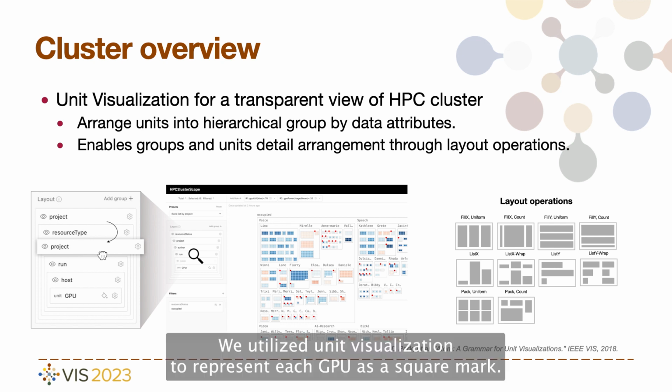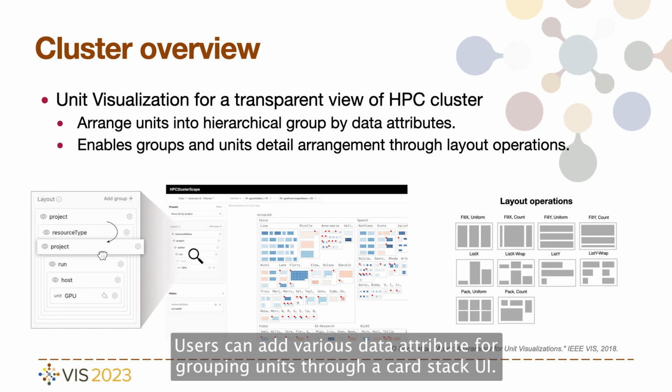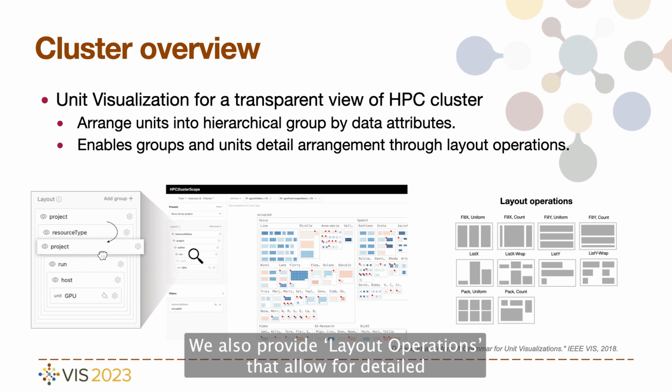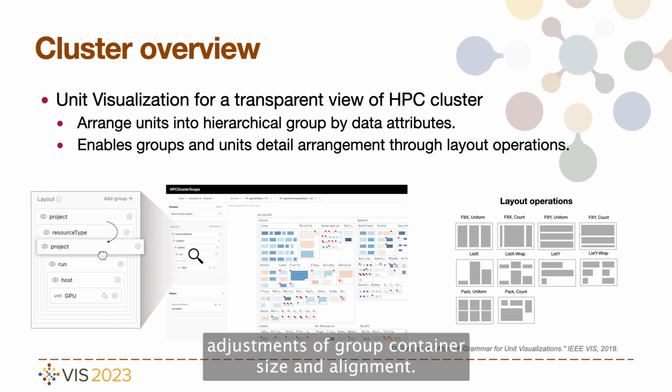We utilized unit visualization to represent each GPU as a square mark. Users can add various data attributes for grouping units through a card stack UI. By drag-and-drop interaction, they can define hierarchies between groups. We also provide layout operations that allow for detailed adjustments of group container size and alignment.